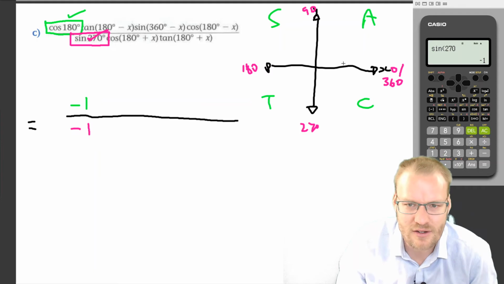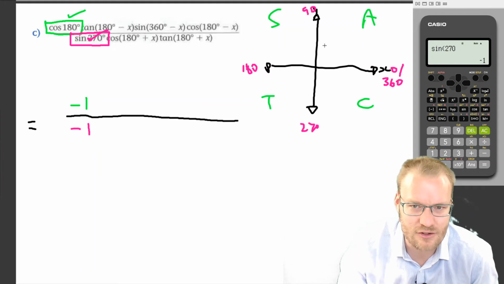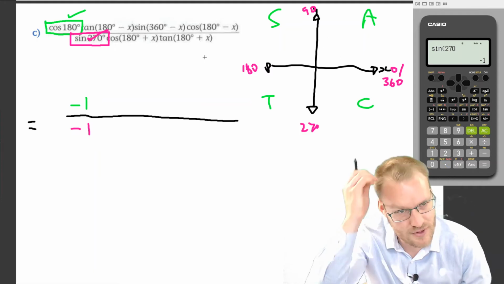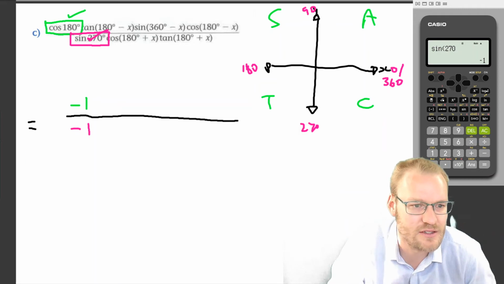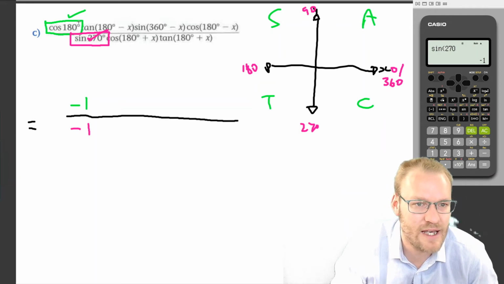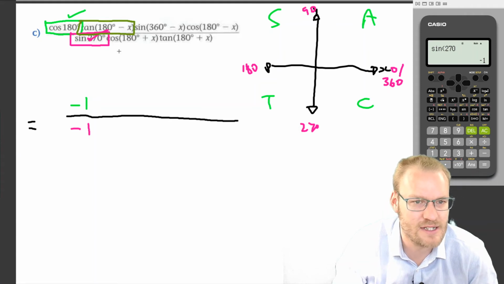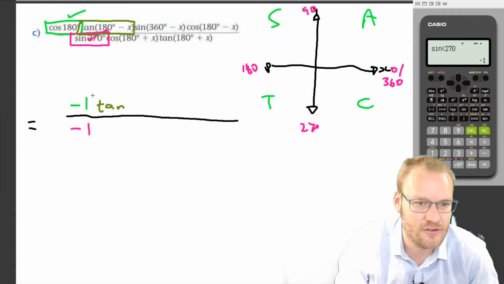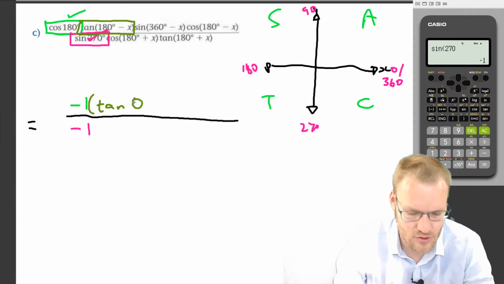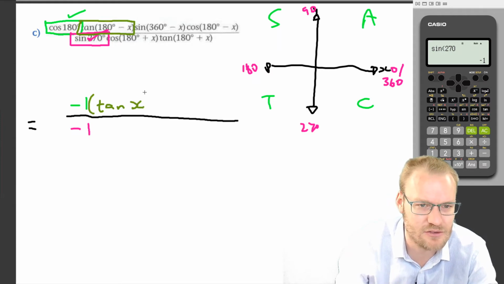In other words, if we're in the first quadrant, our angles are acute between 0 and 90. Let's just figure out where each of these angles sits. Tan of 180 minus x. If we're dealing with 180 minus, we know that it's going to be tan of, not theta, they said x this time, doesn't really matter.